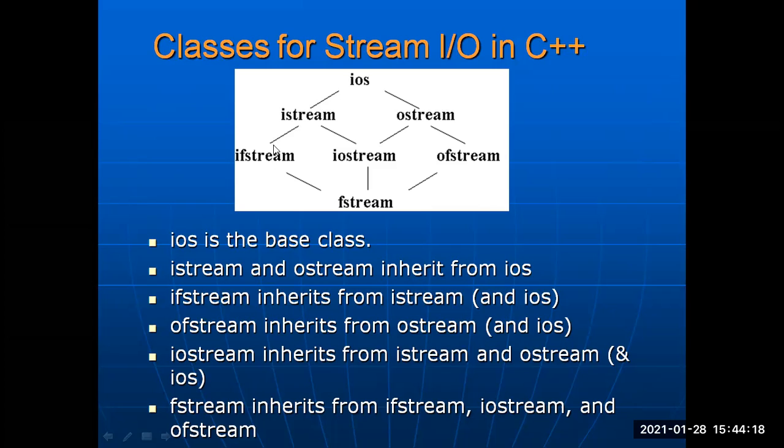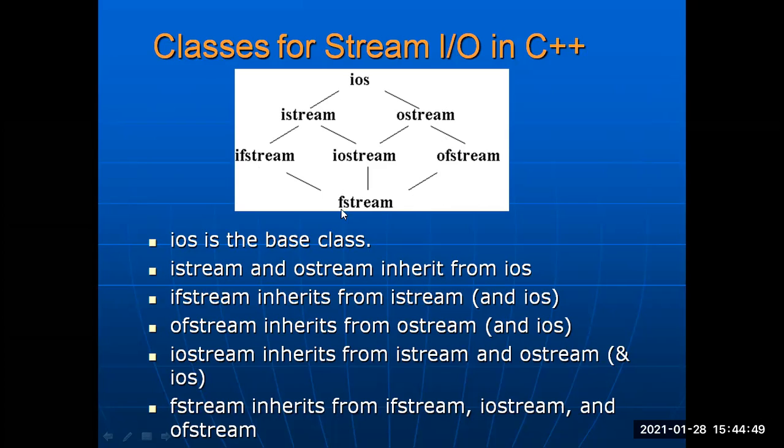Similarly, ifstream is a derived class of istream, and ofstream is a derived class of ostream here. And fstream is a derived class of ofstream and ifstream, as well as iostream. So that means ifstream provides all the input functionalities related to file input, and ofstream provides all output functionalities related to file output operations, right?